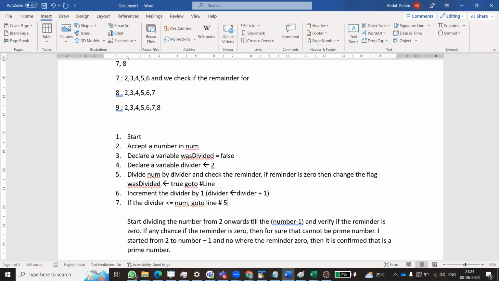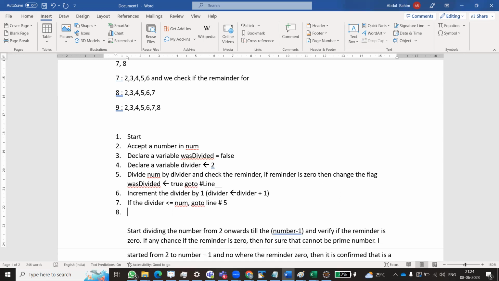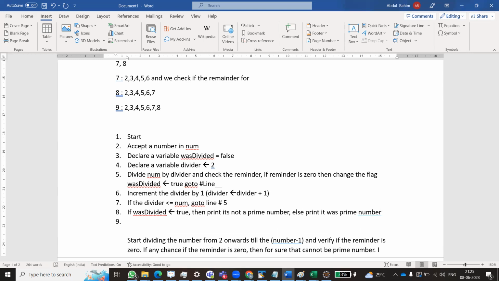If was divided is equal to true, then print it's not a prime number. Else print it was a prime number. And here we will say go to line number 8.